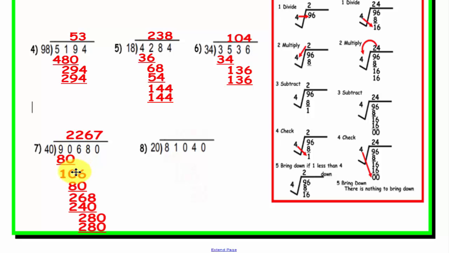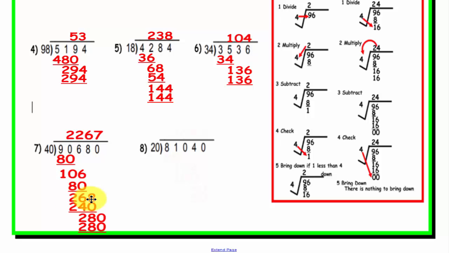Subtract 0 from 0 is 0. 8 from 9 is 1. Bring down the 6. How many times does 40 go into 106? 2 times. 2 times 40 is 80. Okay? 0 from 6 is 6. And 8 from 10 is 2.